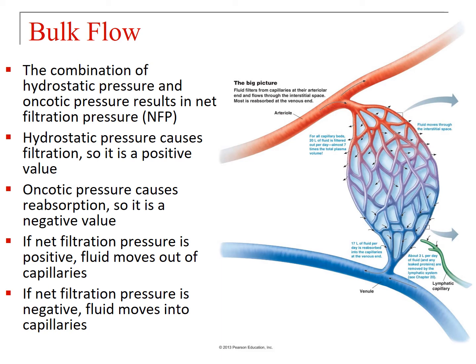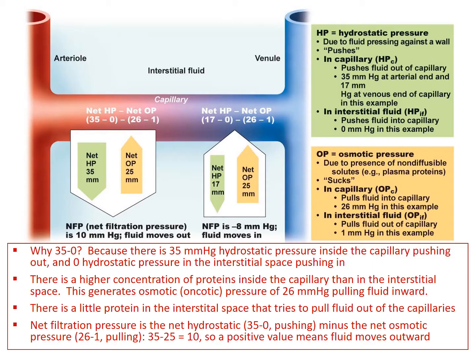And so are conditions going to be the same all the way across the capillary bed? The answer to that is actually no. So let's get oriented to this particular figure. The first thing that I want to point out is that there's an arteriole on the left and there's a venule on the right. And so basically, when you pass from an arteriole to a venule, you're going to divide up into capillary beds.